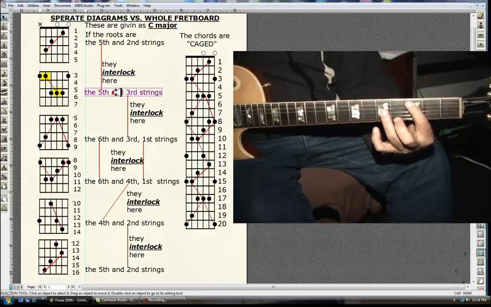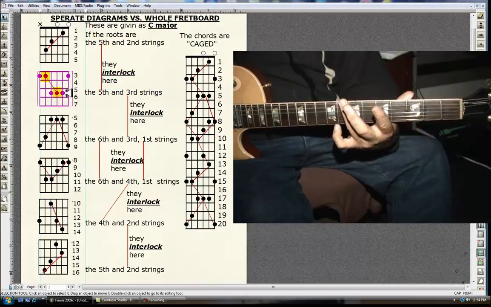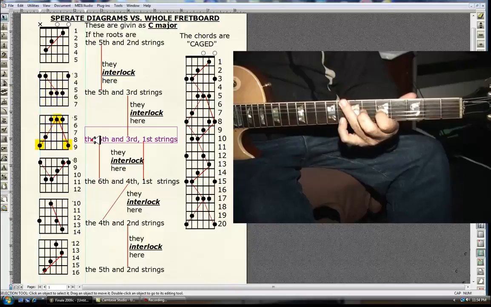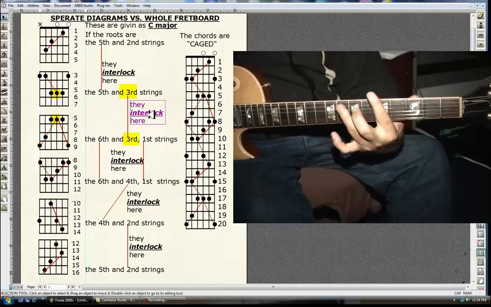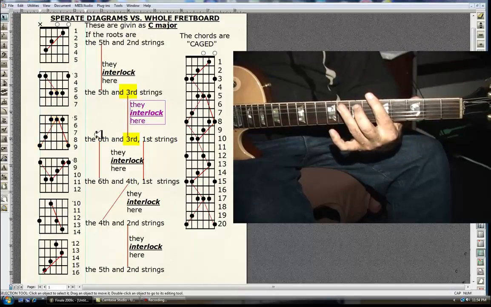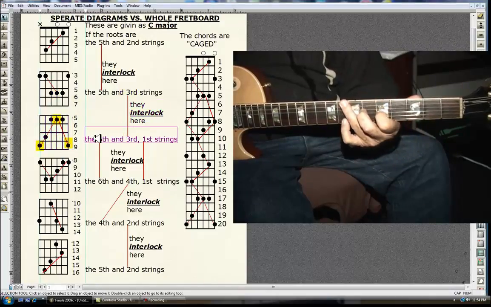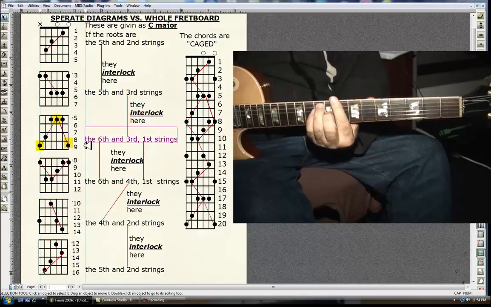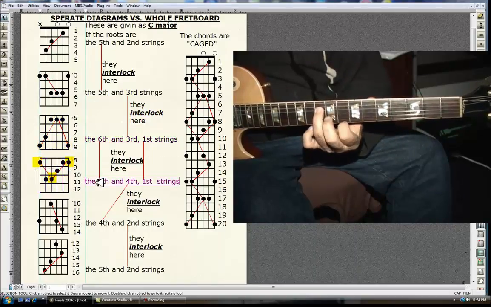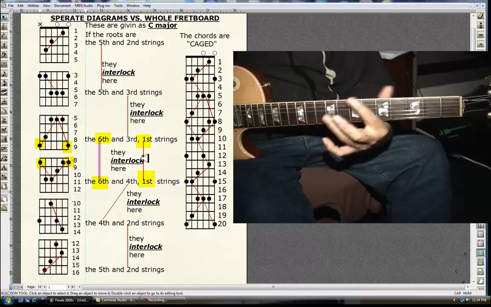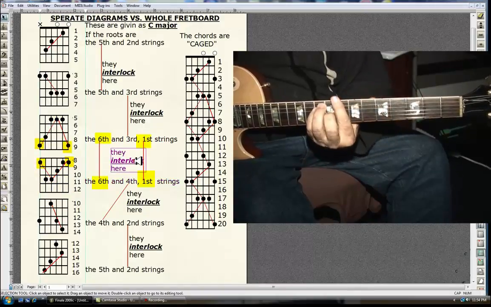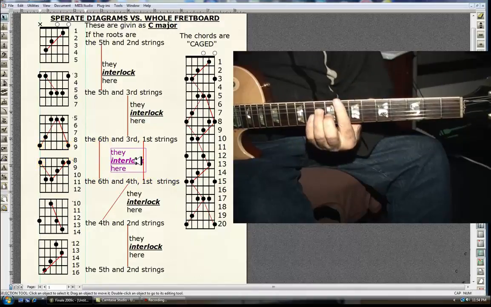The 5th and 3rd strings name the A chord, and on the G chord, the 6th, 3rd, and 1st strings name it. They both have a 3rd string in common. They interlock here. The G chord, the 6th, 3rd, and 1st strings name it, and with the movable E, the 6th, 4th, and 1st strings name it. And they have 2 strings that arrive at the same fret, and they interlock here.